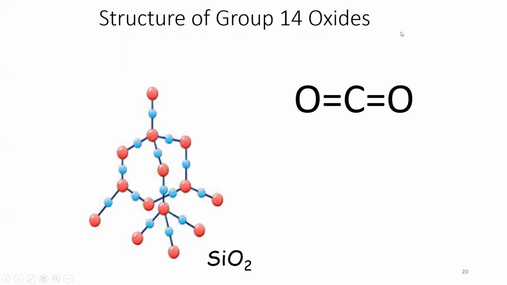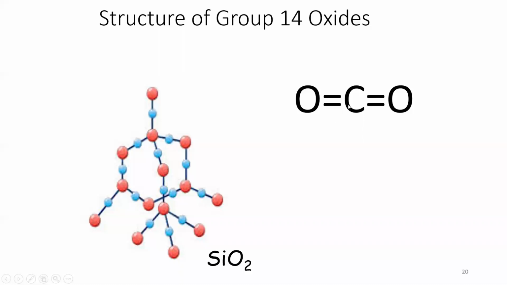So this is the structure of your group 14 compound. This is just an example of how they occur. This is your silicon dioxide. So this right here is your silicon, and this is your oxygen. This is your oxygen.